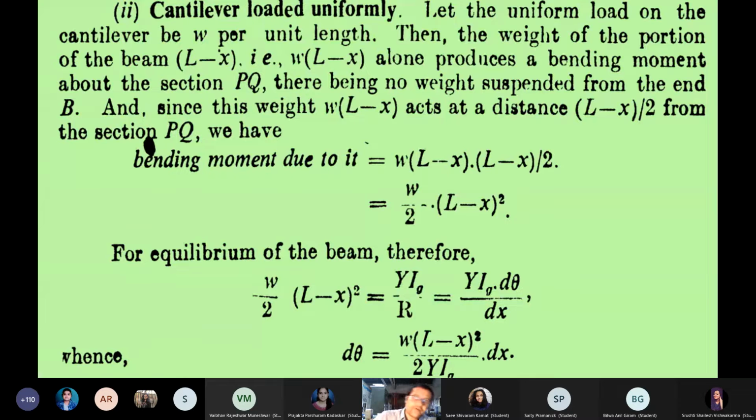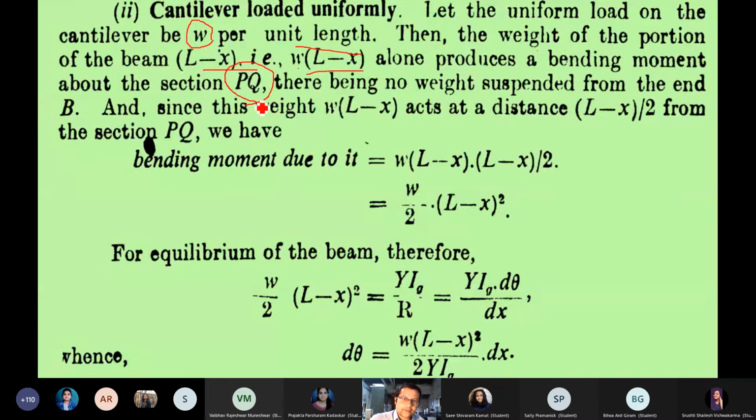That is what we call uniform loading. Therefore, let me consider the uniform loading on the cantilever to be small w per unit length, and the weight of the portion that we consider becomes small w into L minus x, which produces a bending moment about the section PQ.